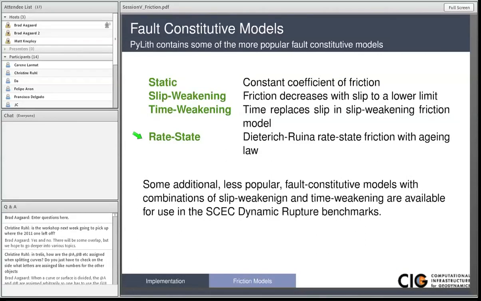Rate and state friction, we have the Dieterich-Ruina rate and state friction with the aging law. And additionally, we have some less popular fault constitutive models that are combinations of slip weakening and time weakening, where the time weakening portion is used for the nucleation of the spontaneous rupture, and these are used in a few SCEC dynamic rupture benchmarks.